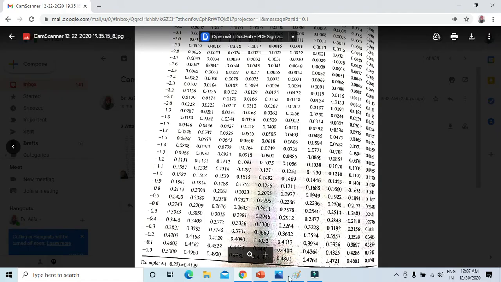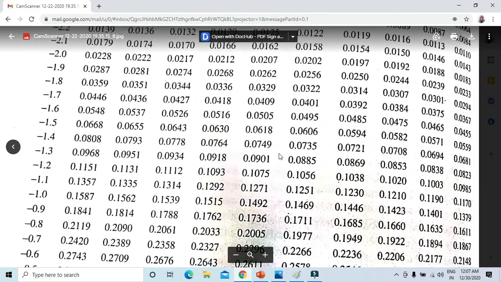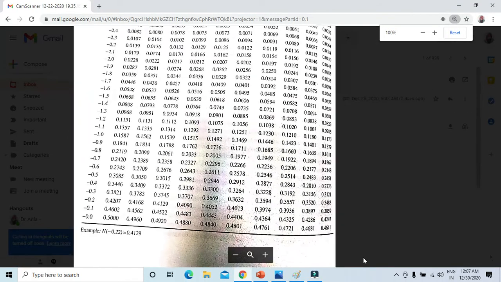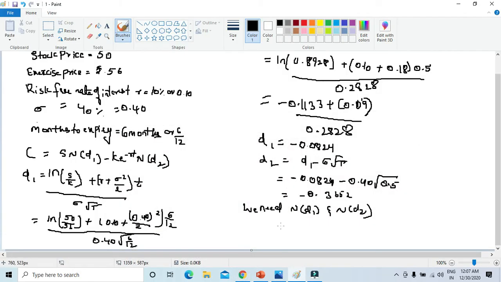This is the value 0.4681. So let's take this value 0.4681, the ND1 from the normal distribution table, I am writing.